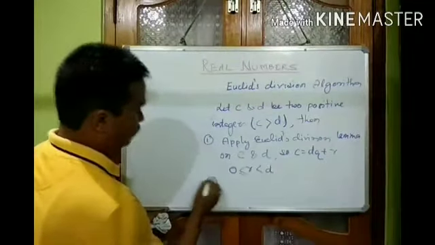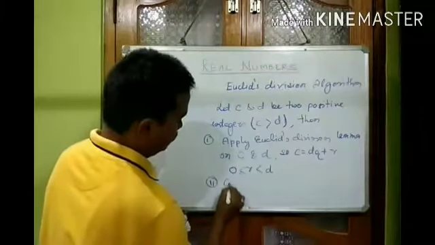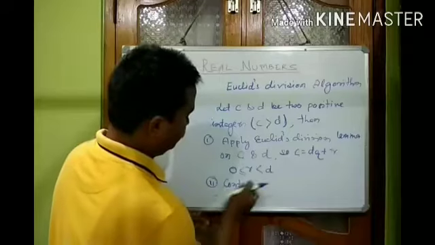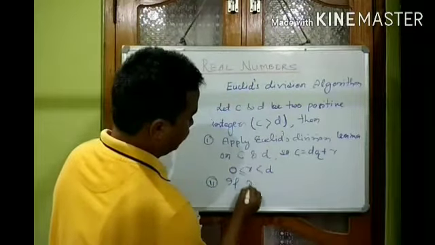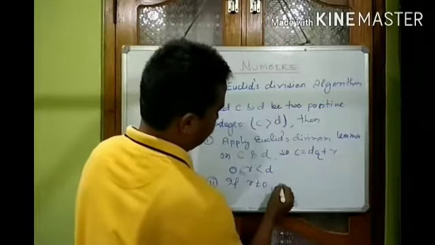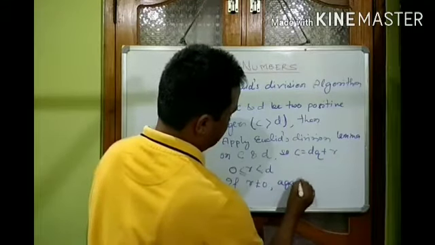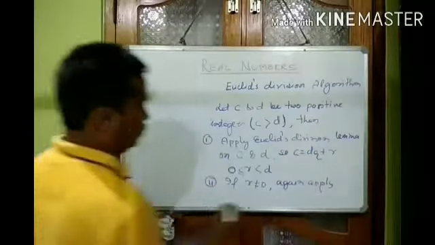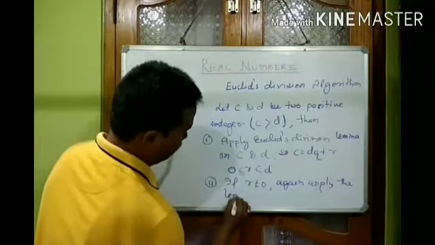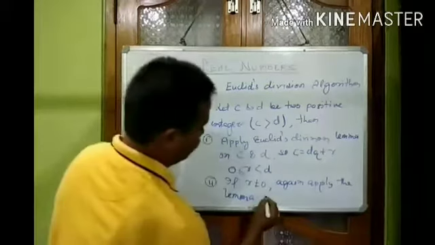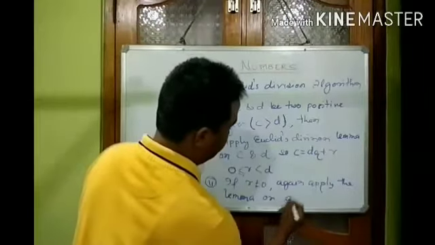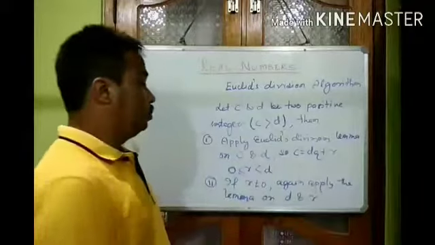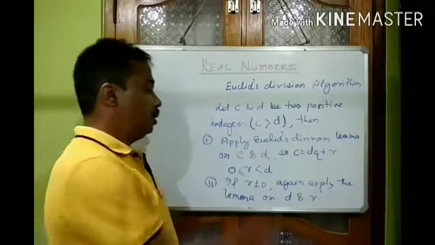The second step: if r is not equal to 0, again apply the lemma on d and r, and continue the process until r becomes 0.